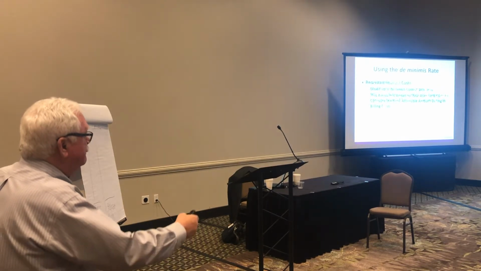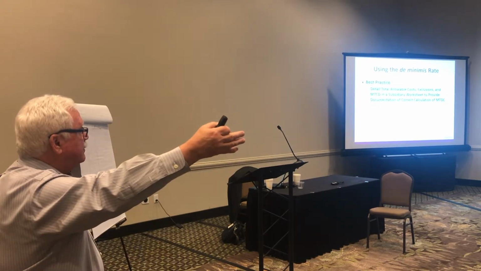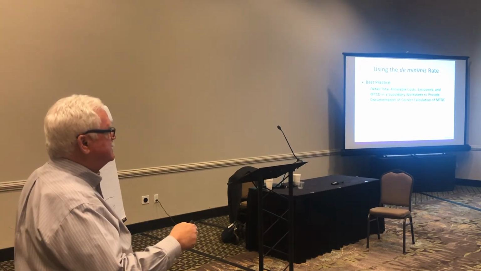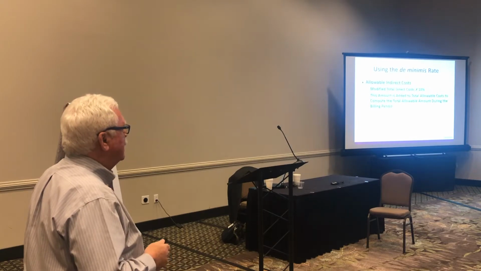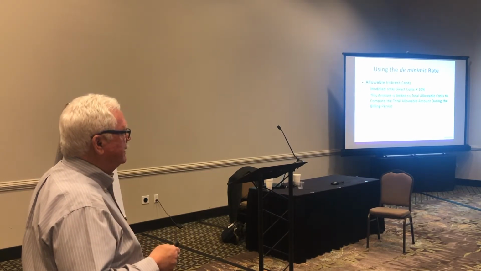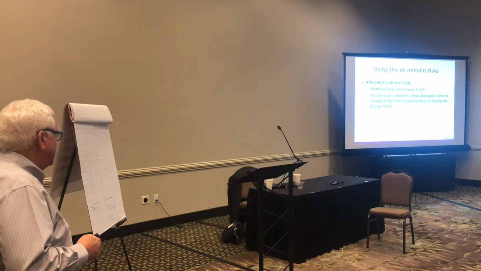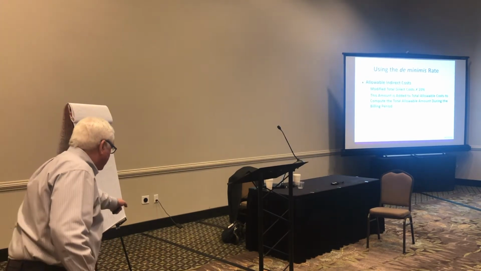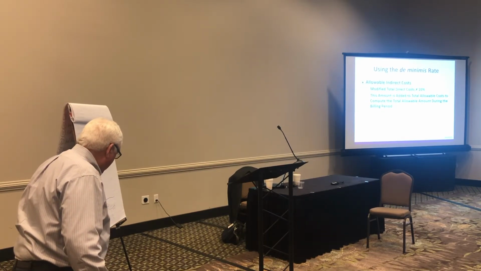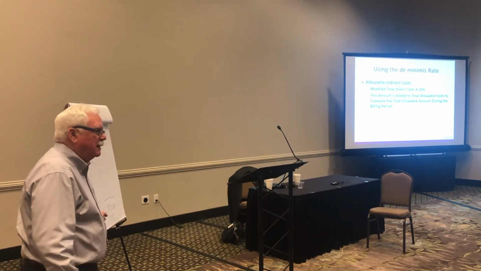And it's often great, if you don't have a state-provided worksheet, to provide that worksheet as a best practice in your billing to those agencies. And again, it's modified total direct cost times 10%. It's this column times 10% equals a number. It gets added to your allowable cost during the period.